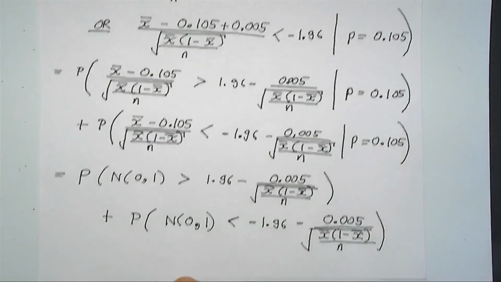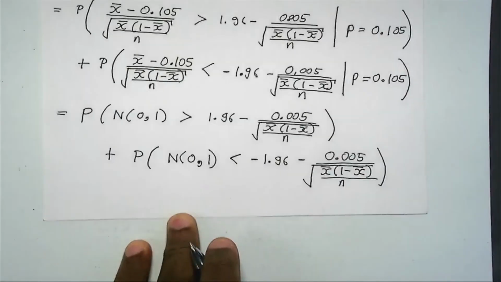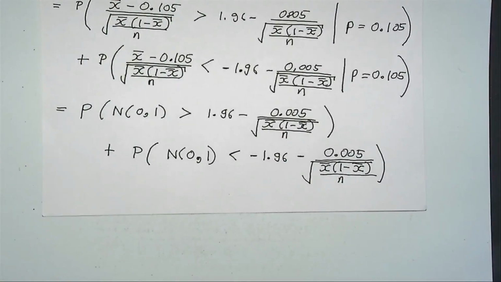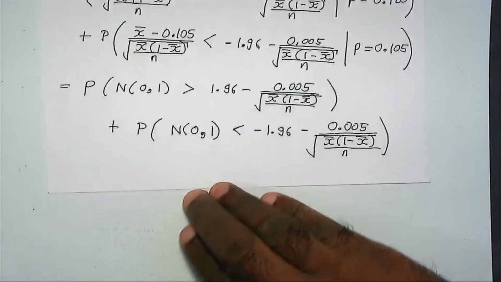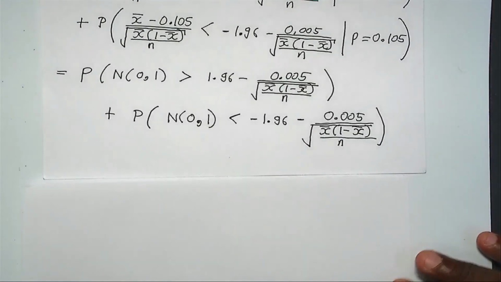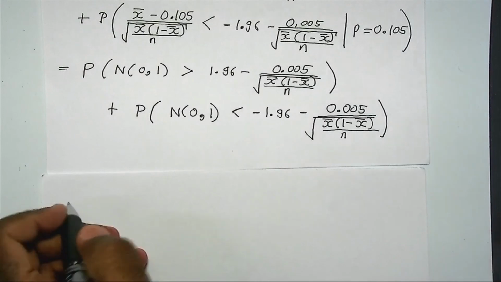Okay. All right, and in the next step, I'm gonna write the first probability as 1 minus.